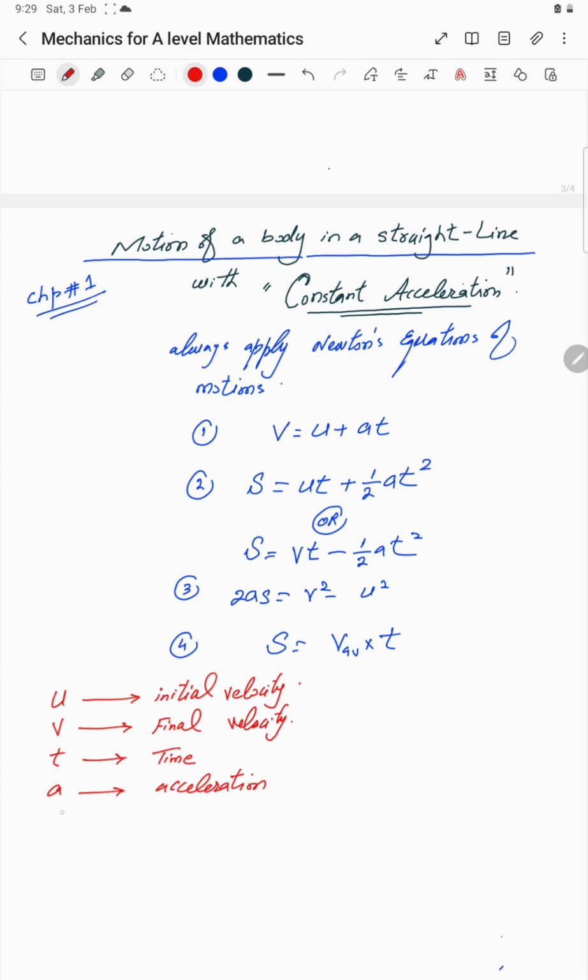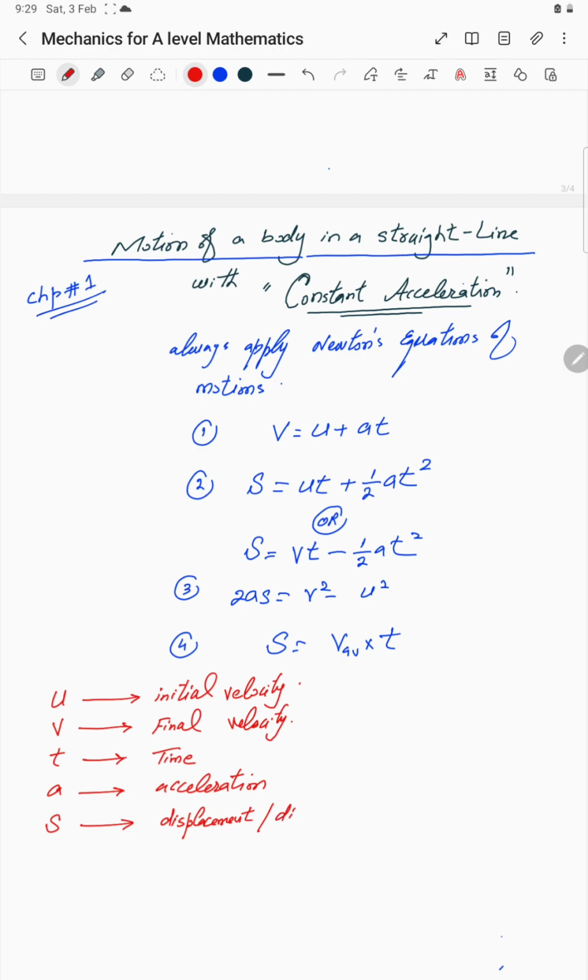And s is the displacement, or you can say the distance. Displacement or distance depends upon the question.